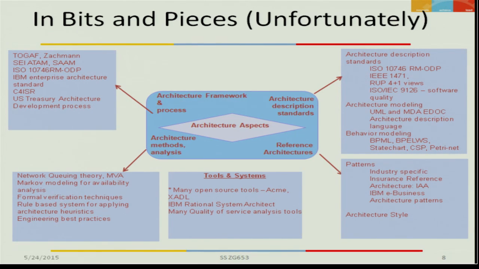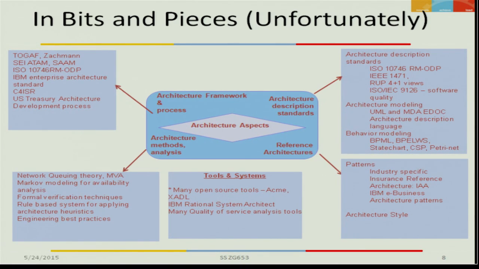Then the Software Engineering Institute at Carnegie Mellon University has proposed techniques like ATAM or SAAM to basically understand different compromises that one has to make on different software quality attributes.